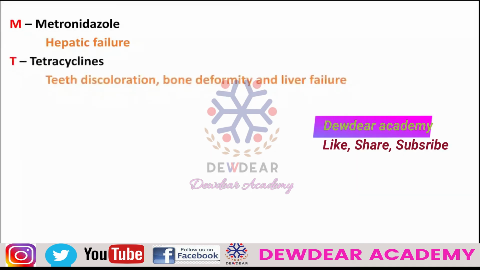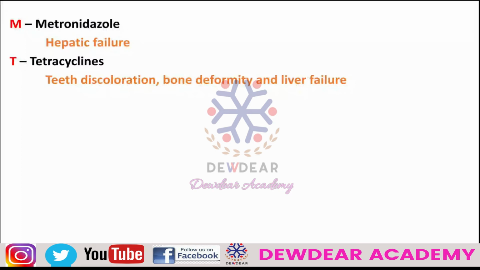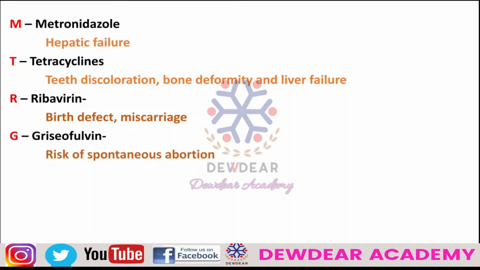Then tetracyclines cause tooth discoloration and bone deformities, and may also cause liver failure. Then ribavirin causes birth defects and miscarriage. Then another category, griseofulvin, also carries a risk of spontaneous abortion.